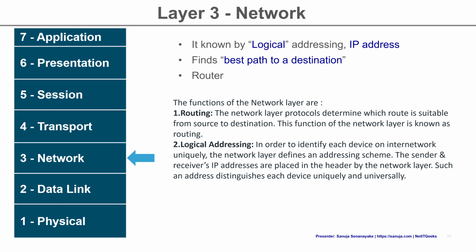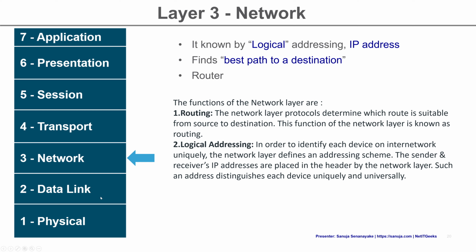It is also responsible for logical addressing, in order to identify each device on the inter-network uniquely. The network layer defines an addressing scheme. The sender and receiver's IP addresses are placed in the header by the network layer. Such an address distinguishes each device uniquely and universally.